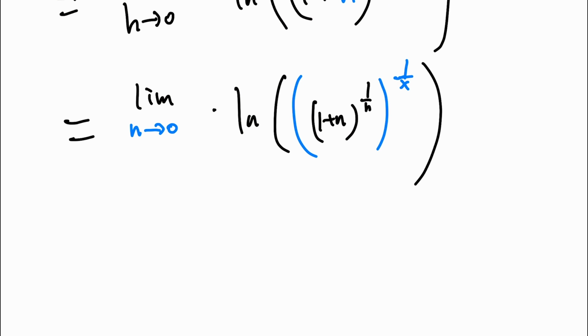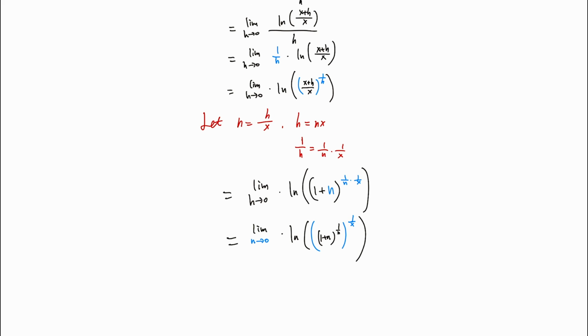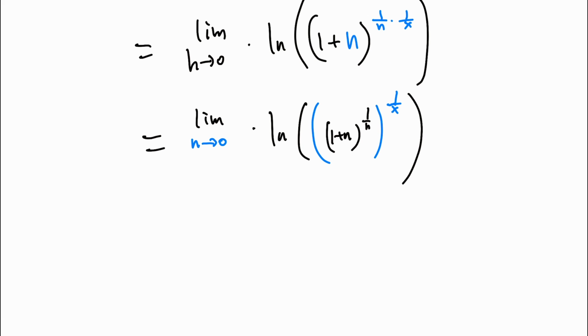And we can reverse that step that we did over here. We can get that 1 over x to be in front, so that will be times 1 over x. And since 1 over x does not have any relation with n, we can just take it out of the limit.